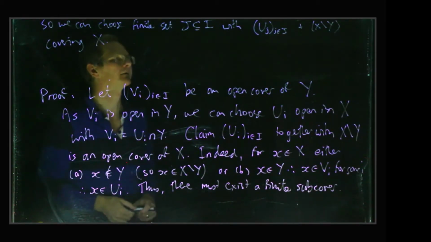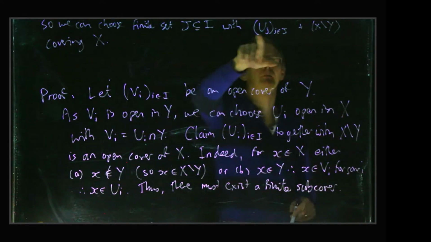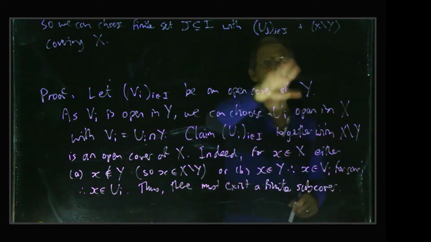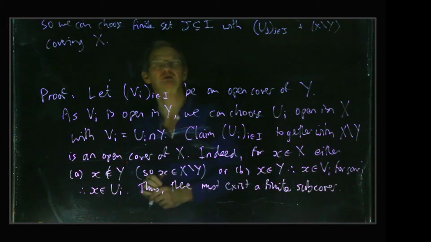It doesn't make any difference. So we might as well assume that this finite subcover involves X less Y together with some finite number of the U_j.